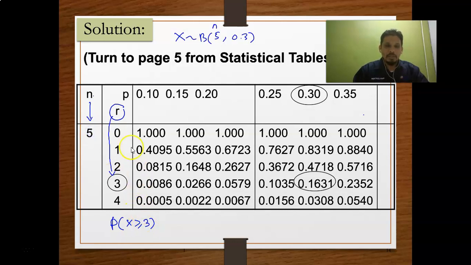This r is referring to the number 3, so r equals 3, greater than or equal to 3, and the probability of success p equals 0.3. Now we find where they intersect, from 3 and 0.3. Then we get 0.1631.